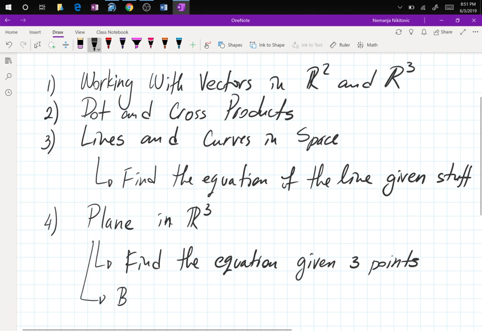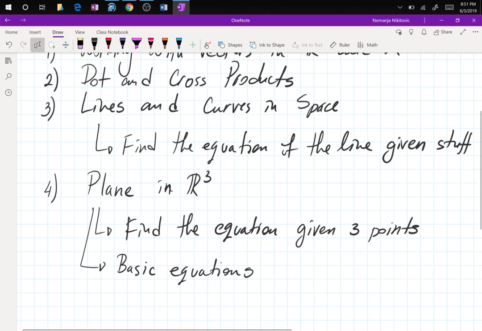Also basic equations. To create a box, so we did talk about one wall being x equals 0, and then the parallel wall to that wall would be whatever the y value is, and so on. z equals 0 would be the floor, z equals 10 was the ceiling for the classroom, and so on.